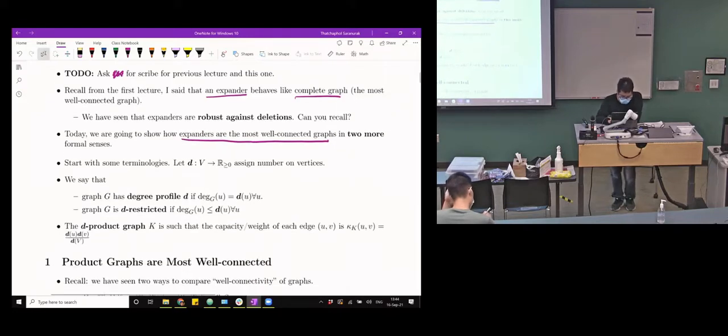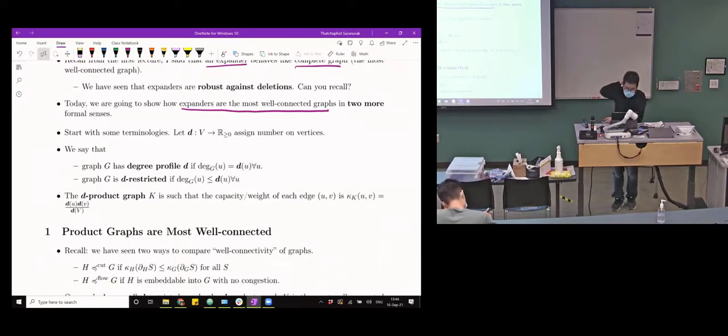Let's start with some terminology. Let D be a function that assigns a number to each vertex. We say the graph has degree profile D if the degree of every node u is assigned by the function D. The graph is D-restricted if the degree is at most D on every node.